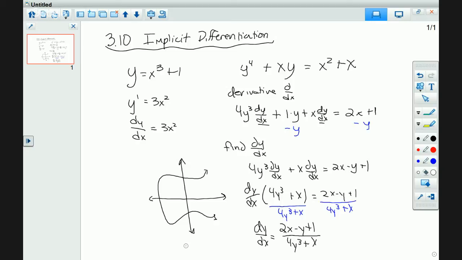So, you're not required to know what these look like. Okay? They're not going to say graph this. No. Everything is done as, calculate the derivative. It's all calculus.